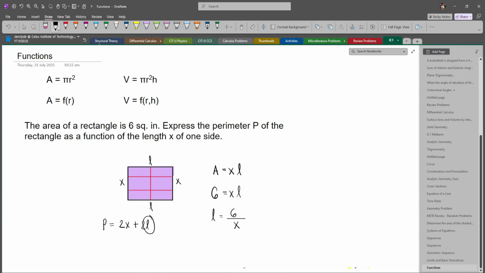Expressing L in terms of x, we have 6 over x. Therefore, the perimeter is equal to 2x plus twice of 6 over x. Now notice that 2 is common, so we can factor it out. The final expression of the perimeter would be 2 multiplied by the quantity x plus 6 over x. So this is now the perimeter as a function of x.